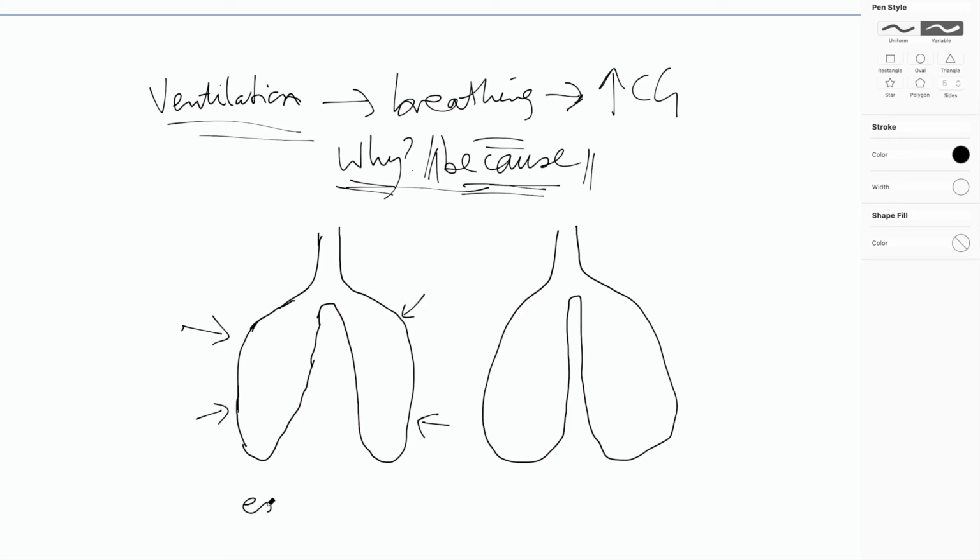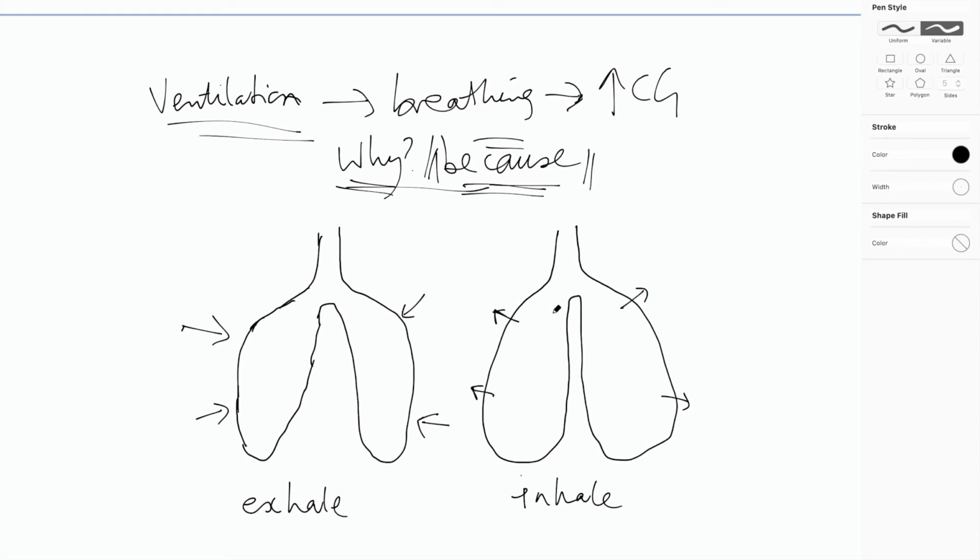And in this one, this is going to be an inhale, because the lung volume is higher, so the thorax volume is higher, and that's essentially pulled the lungs outwards and stretched them out, and so it's sucked in the air. So in an inhale, the lung volume increases.